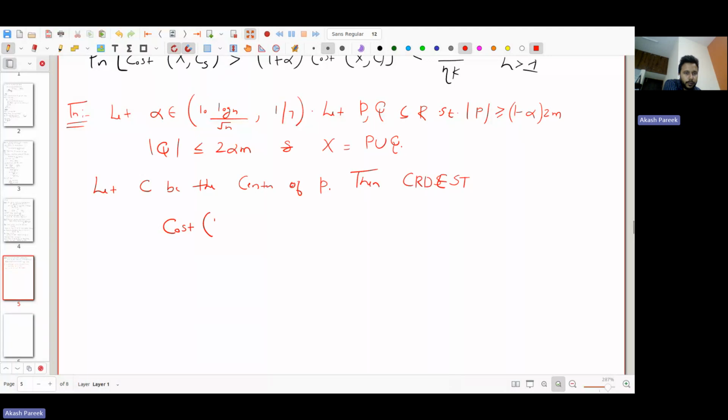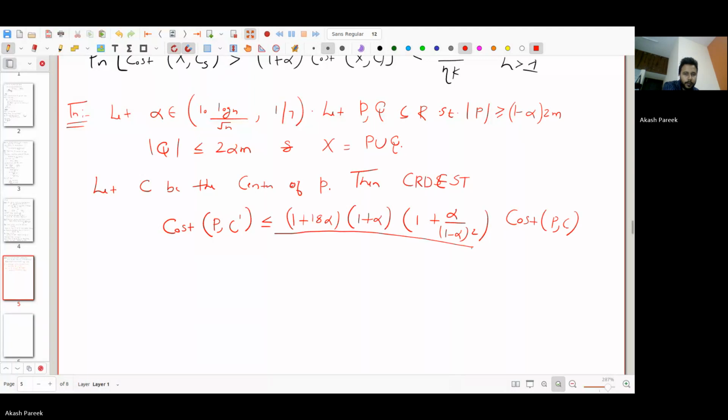The cost of P on C dash is bounded by (1 plus 18 alpha) times (1 plus alpha) by (1 minus alpha) whole square times the cost of P on C. If we simplify this, we will get this to be 1 plus 20 alpha.